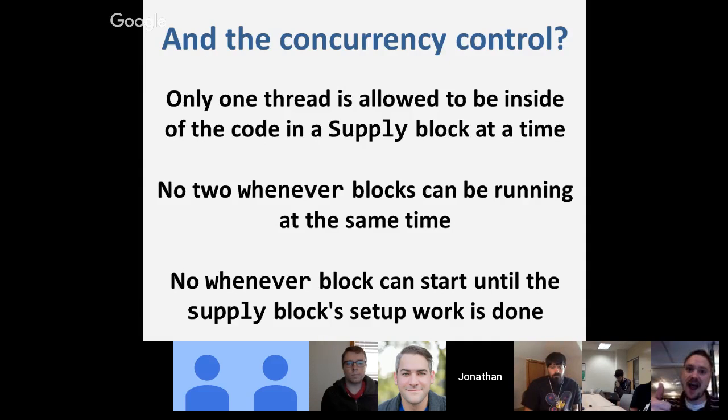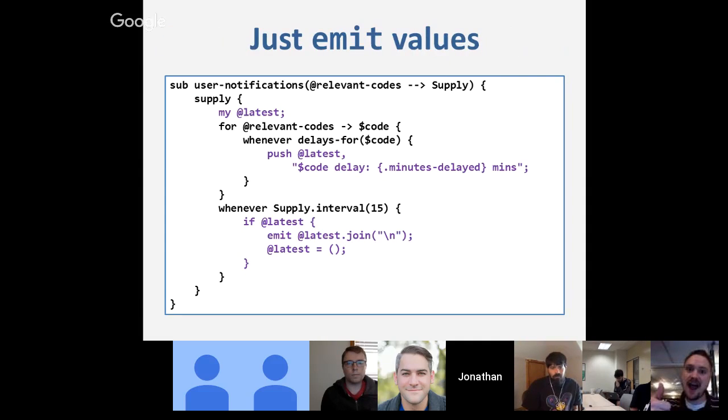Now, one thing worth pointing out is that the supply block, each time you tap it, is essentially instantiating this environment inside of it. So the concurrency control is per tap. That means you really, really want to have the state that you're protecting inside of that supply block.